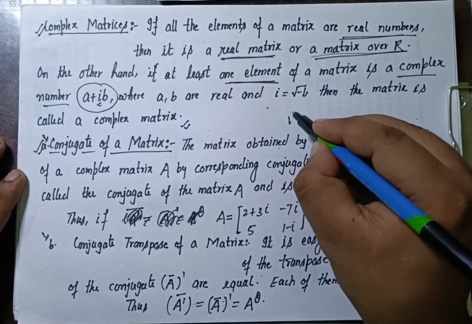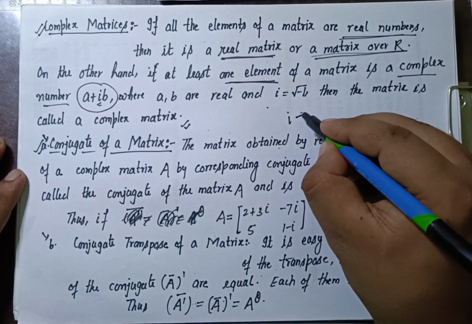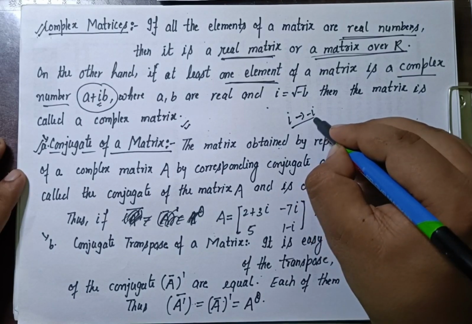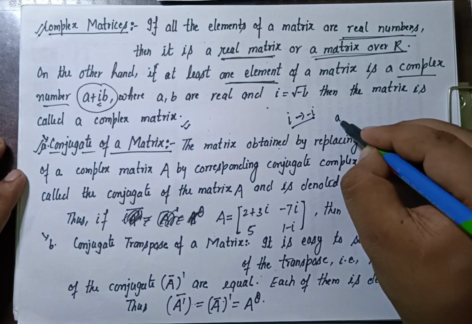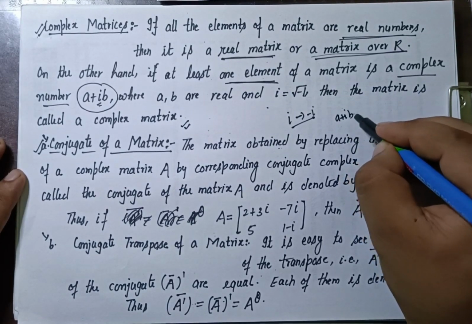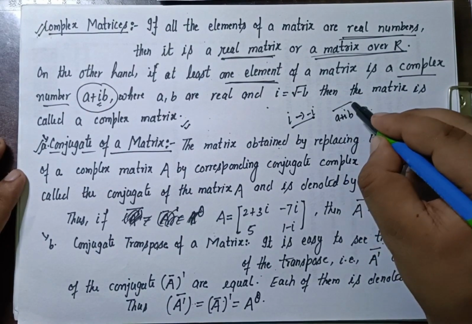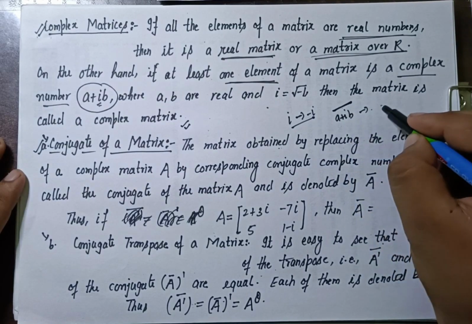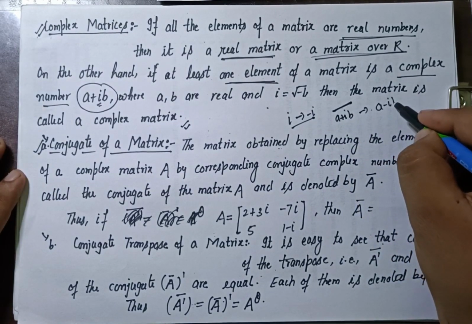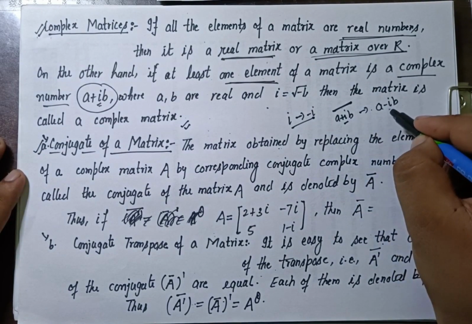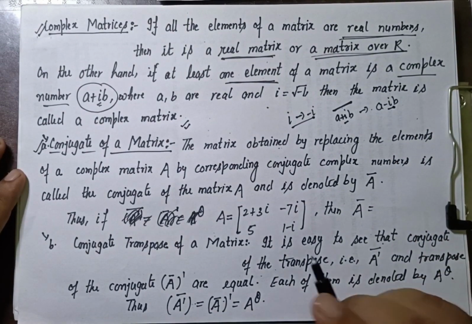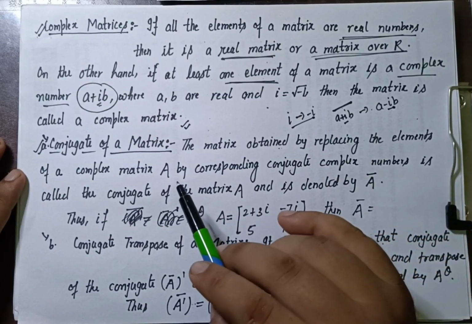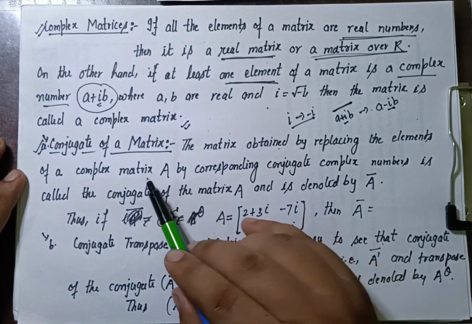We simply replace the iota part by minus iota in the given number, then it will be the complex conjugate. For example, if we have a complex number a plus iota b, then its conjugate, denoted by the bar, will be a minus iota b. That is, plus iota is replaced by minus iota, and you are very well aware of these small manipulations of complex numbers.